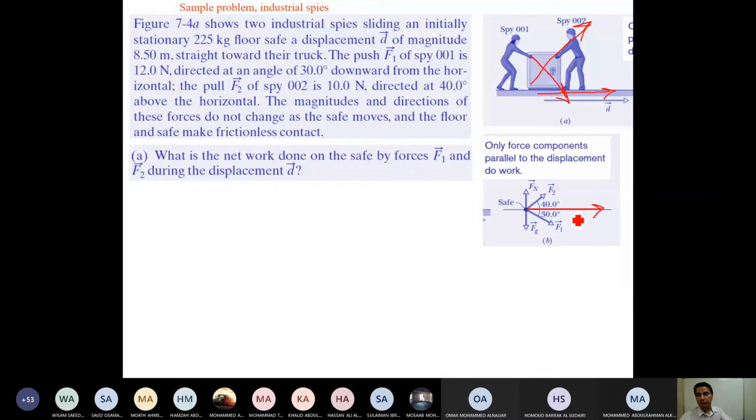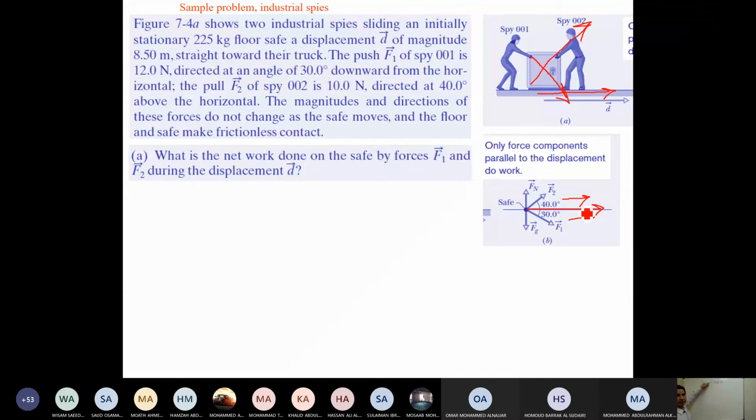So we take the components of the force along the direction of the displacement. That will be F1 cosine theta, along this direction, and also F2 cosine theta, in the same direction. Then we determine the net work. The work done by the first guy is F1 cosine theta 1 times the distance he has covered, this much. So what we need to look for is the force.